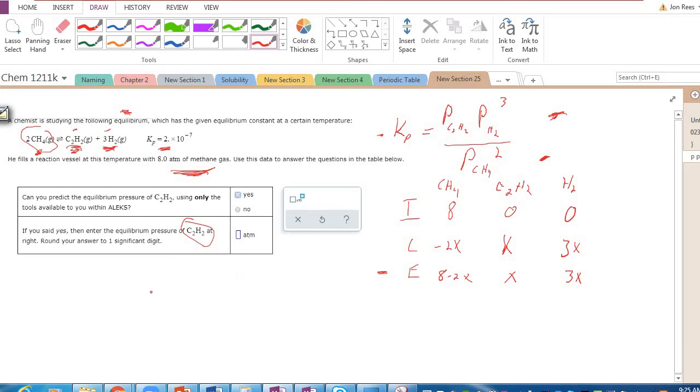Now that I've set up my equilibrium pressures, I'm going to rewrite the equation down here where I have some space.